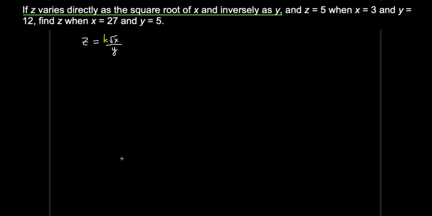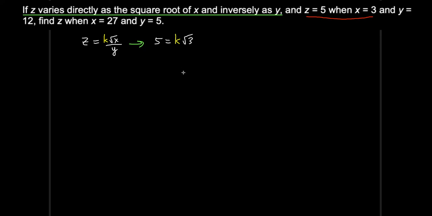So now we're going to plug this in to solve for k. So z is equal to 5, so 5, instead of the z on the left side, is equal to k square root of x, and x is 3.